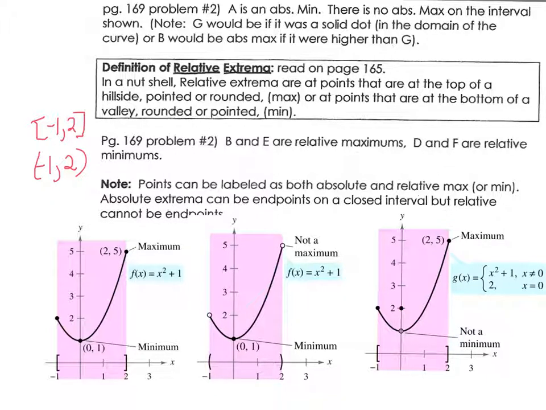Because this function is not continuous over the interval -1 to 2, it cannot have a maximum or minimum point. However, it can have an absolute max or an absolute min at the endpoints. So this has an absolute maximum at the point (2, 5).